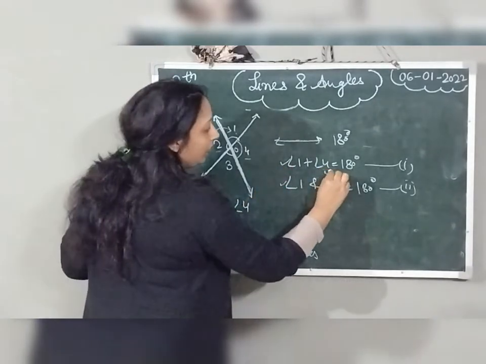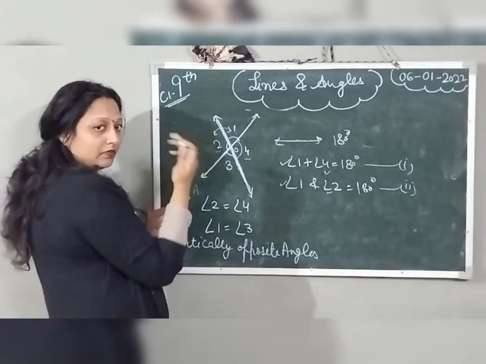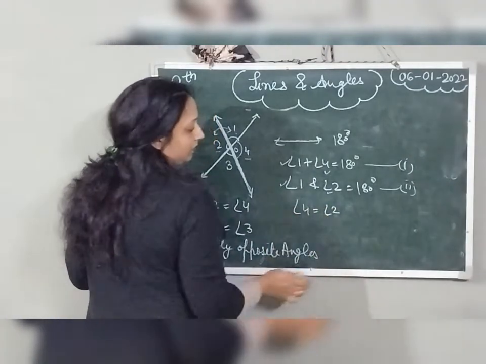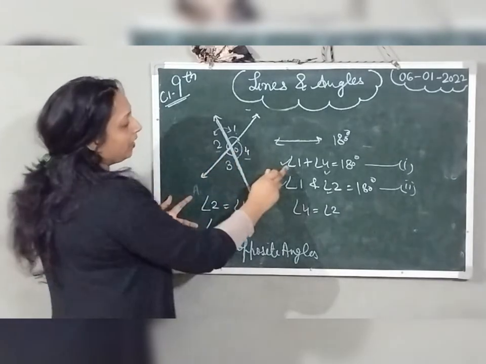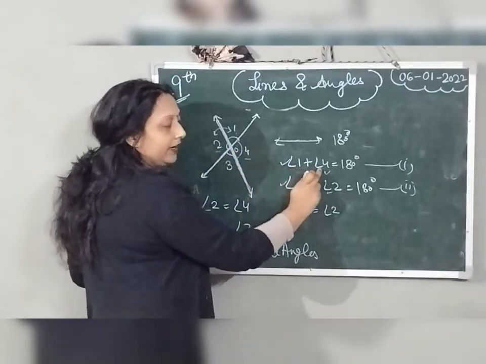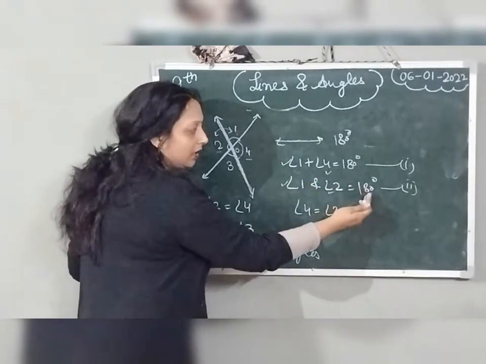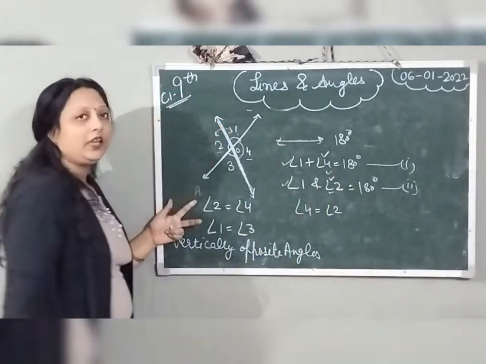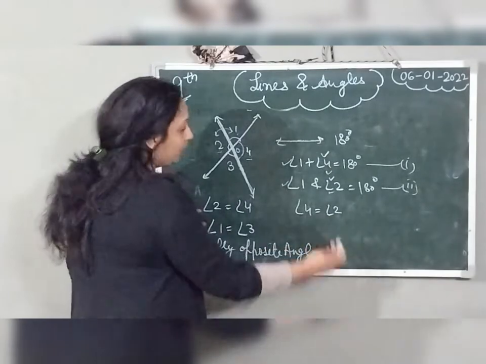Then angle 4 plus angle 2 is equal to 180 degrees. Sorry, if I add angle 4 to angle 1, and if I add angle 2 to angle 1, it becomes 180 degrees. So the value of angle 4 and angle 2 is equal. Okay, so angle 4 is equal to angle 2.